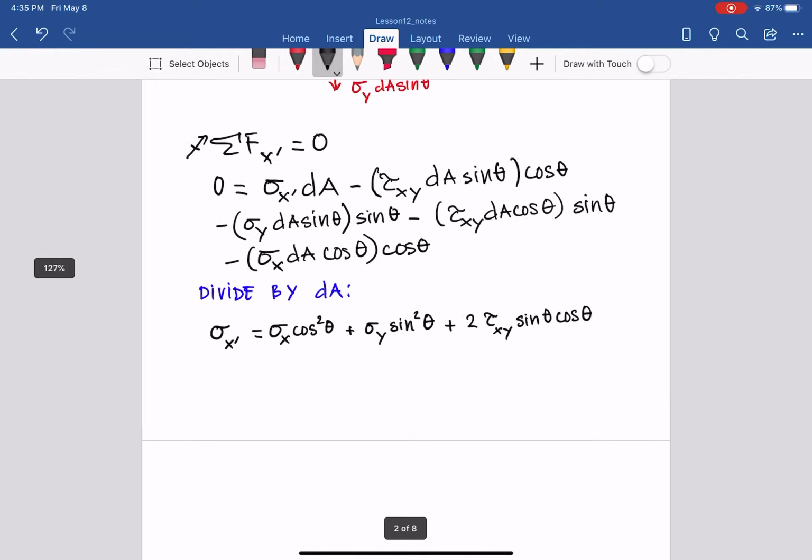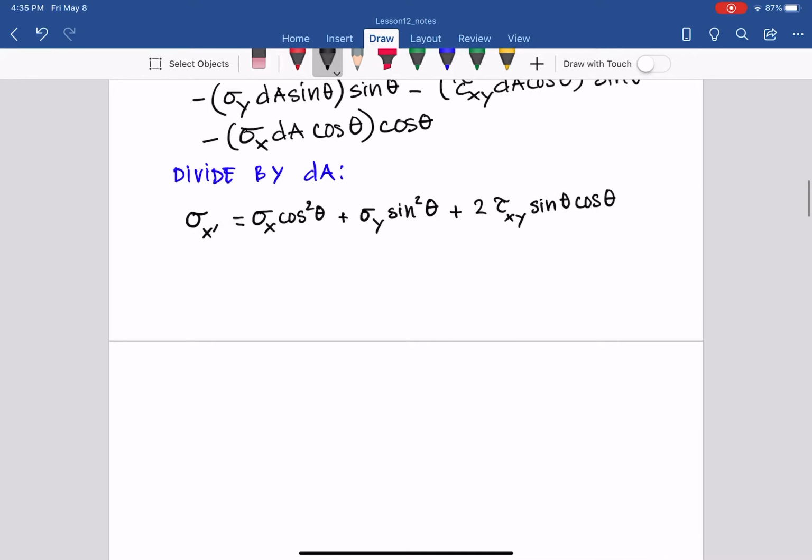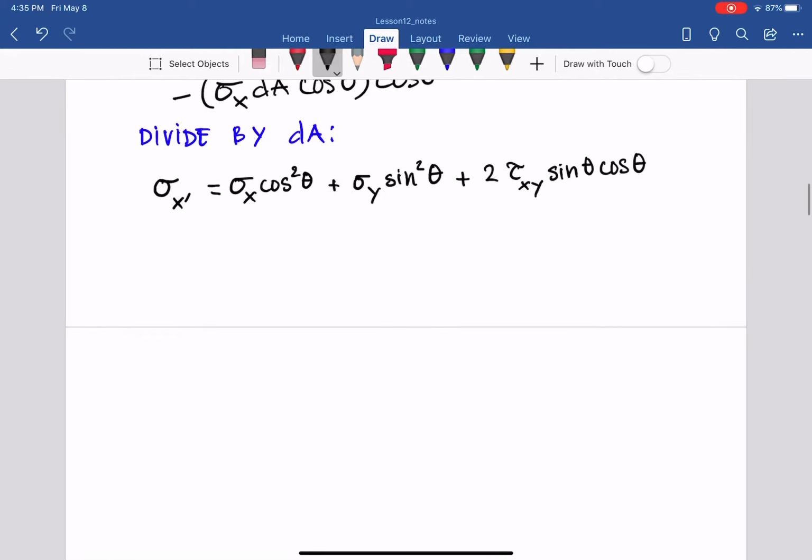So with that, we can use our trigonometry substitution. We can have an even nicer equation. So let's use the trigonometry substitution.